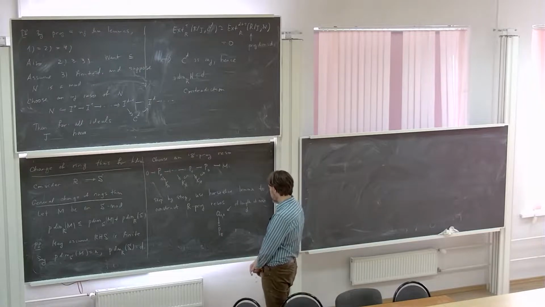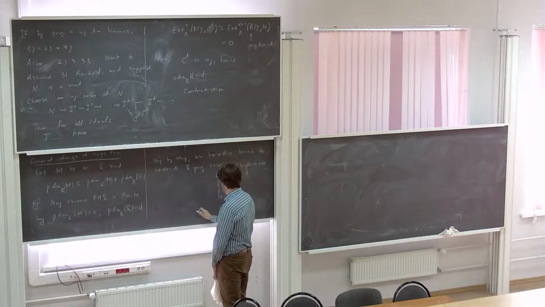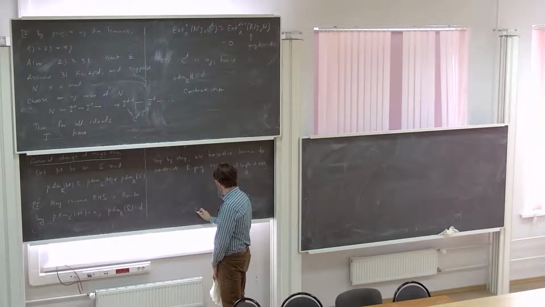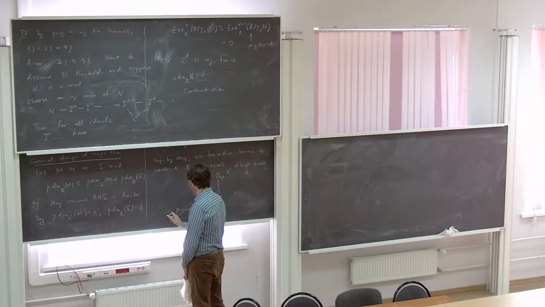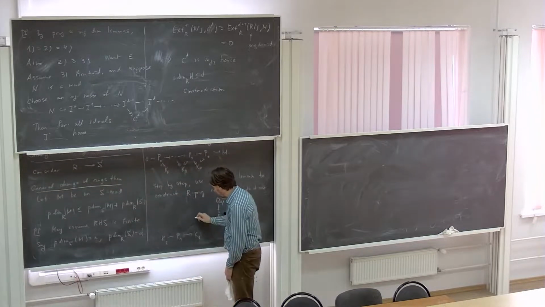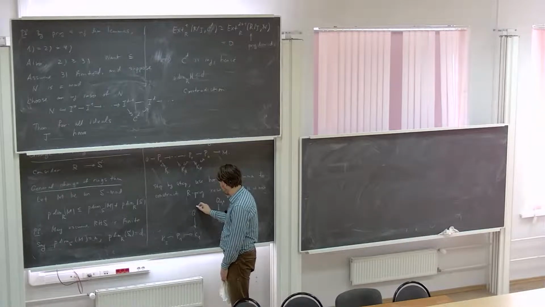So I'll start there, and then the next step will be I have K1 surjected onto by P1, and then the kernel K2. And now I can resolve this. Maybe I'll call this prime.